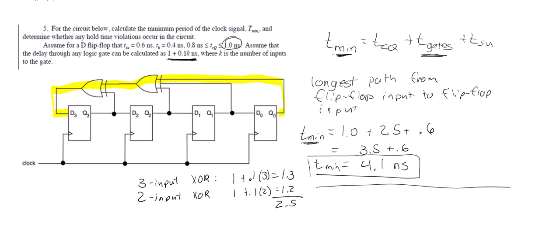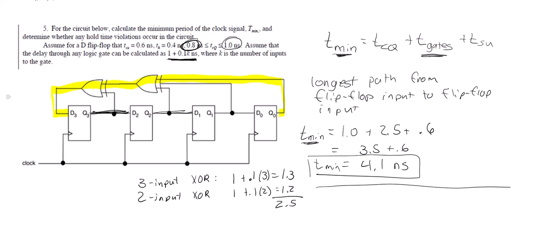So you want to look for the shortest path. The shortest path is just going from flip-flop to flip-flop, from D3 to D2 or D2 to D1, not going through any gates at all. Then the amount of time that takes would be the minimum propagation delay.